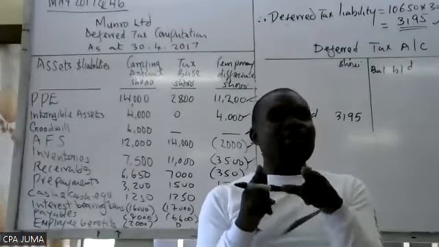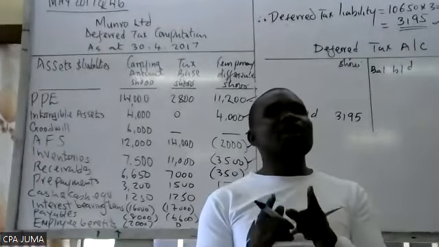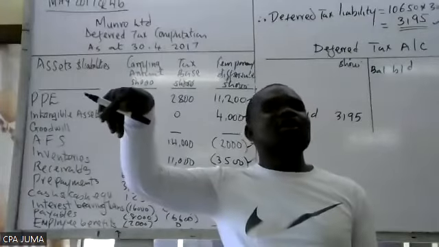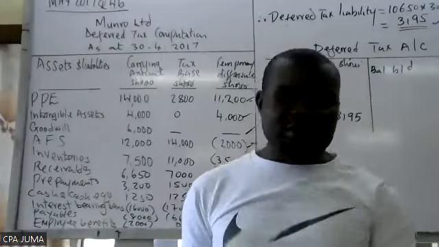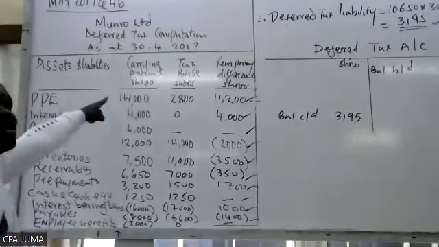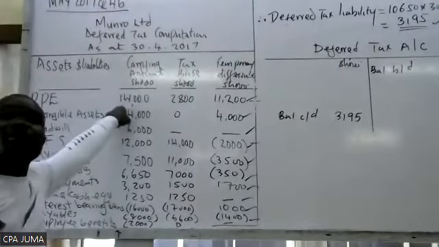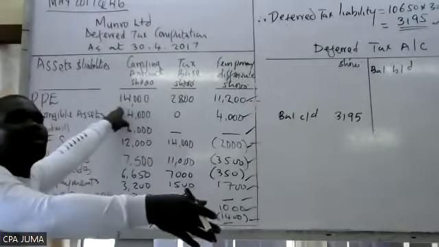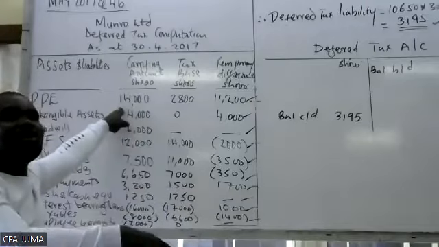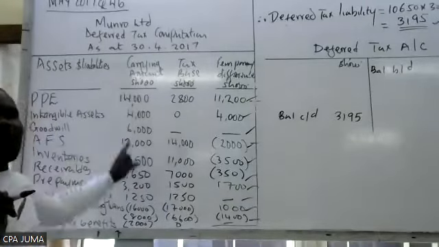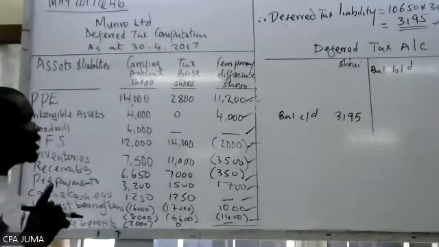The PPE in the balance sheet which we were given, is it during or at the end? At the end. Sure. So it means the value of PPE, which is 14, is inclusive of what? Revaluation. Because revaluation took place during the year. So it means at the end of the year, the revaluation has already been captured in what? 14. So I want you to listen carefully.